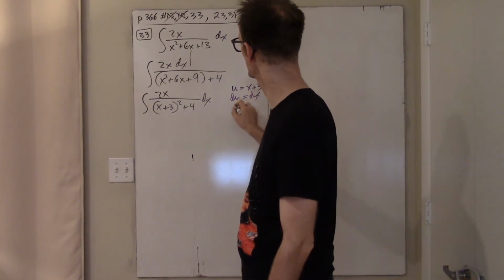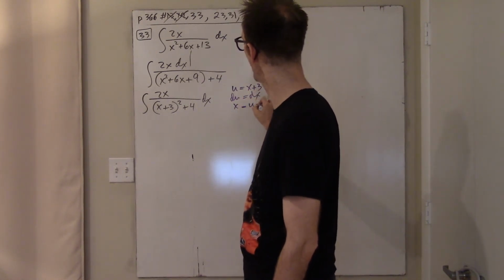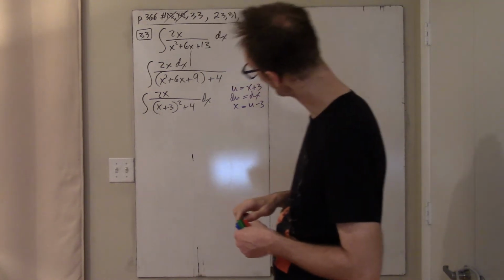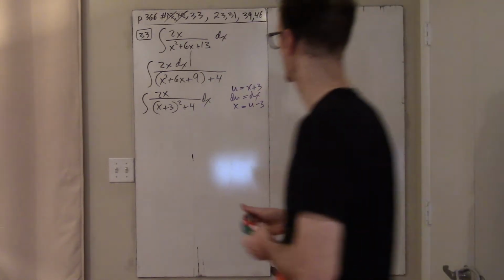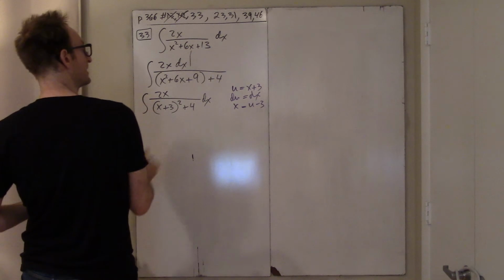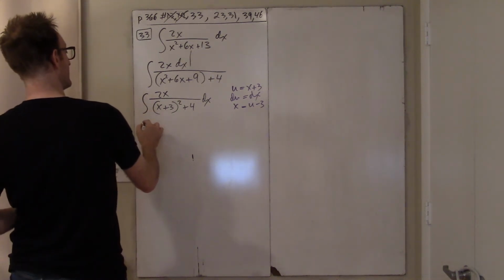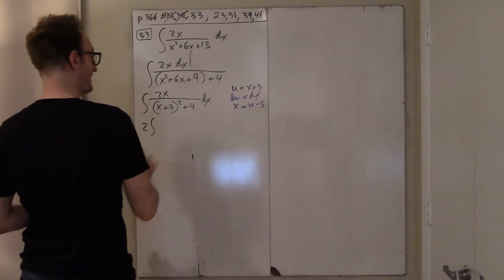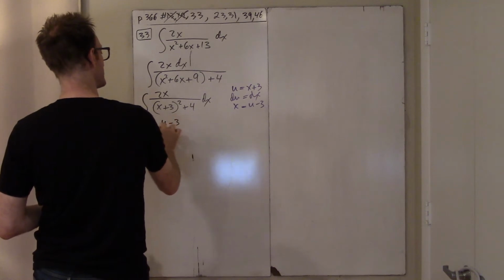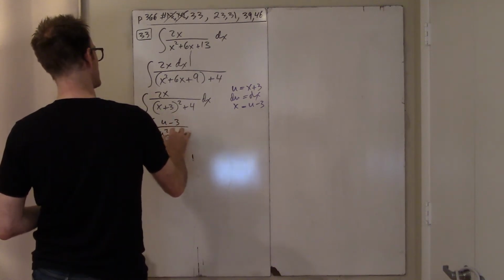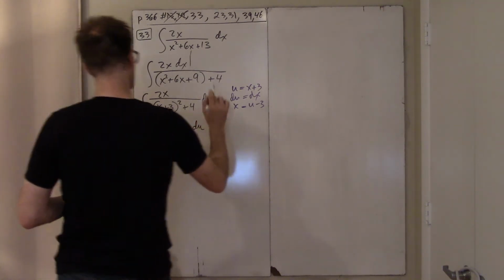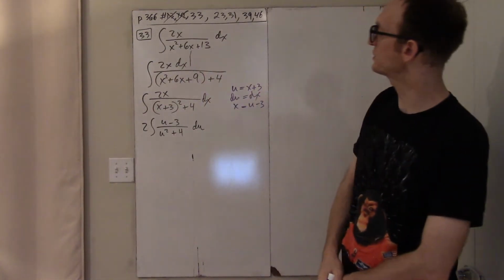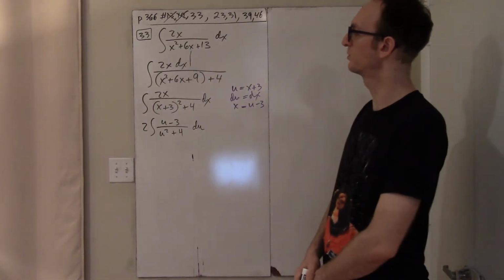If u is x plus 3, then x is u minus 3. And therefore, this becomes 2 times (u minus 3) on top, and the bottom is u squared plus 4. Have I accomplished anything? Not really.